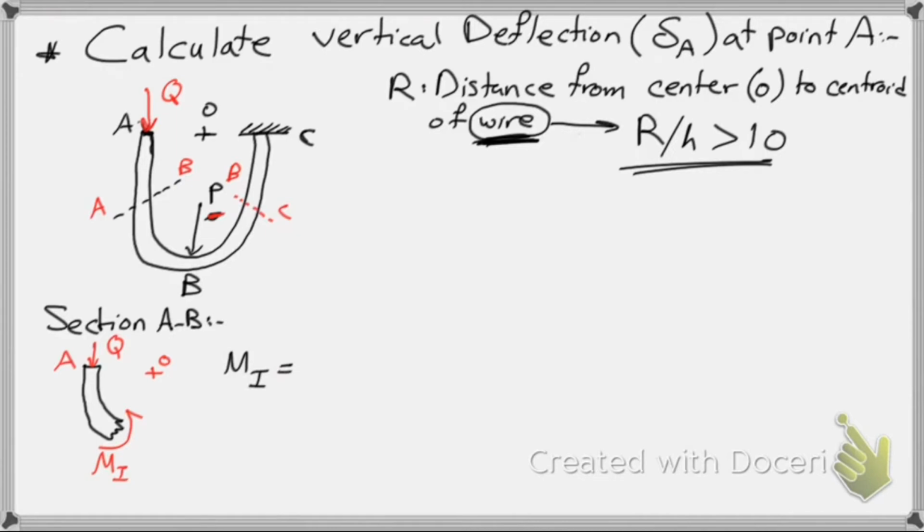force times distance, right? And we're looking for this distance. So if you consider the line of action of this force is going in the vertical direction, right? And you have this radius right here, R. And you extend this from the centroid right here.